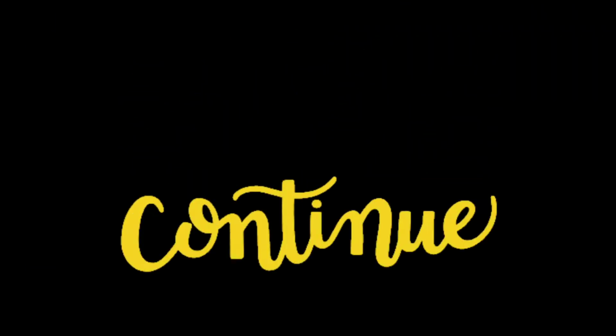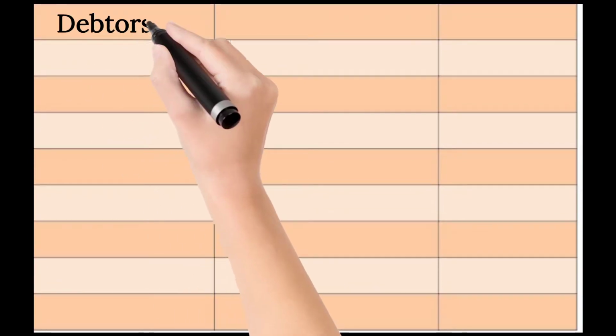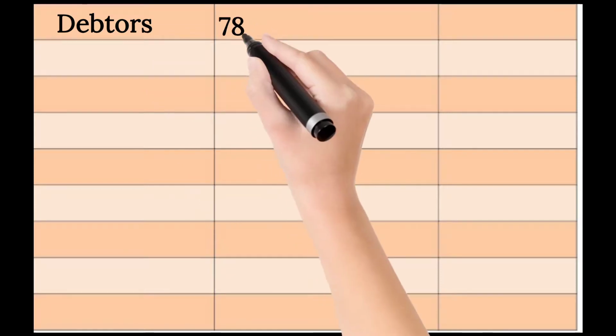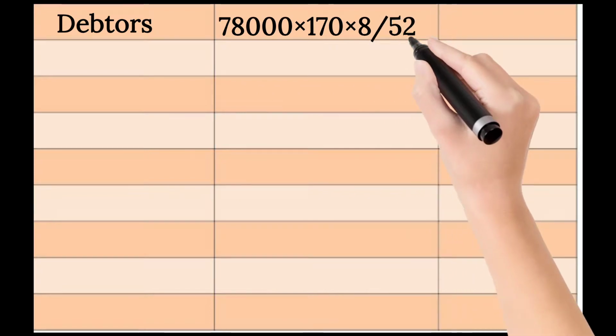Next, current assets include receivables as well. So for receivables we have debtors. Debtors are those persons or business firms to whom we sell on credit. Credit sales we have calculated in the working note. Credit sales was 78,000 units. So 78,000 into total cost of 170 into 8 divided by 52.